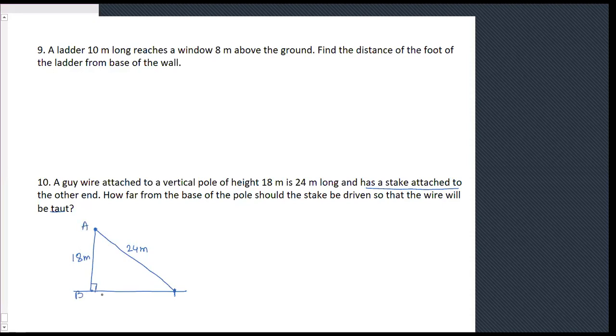AB is a vertical pole. AC is the wire. Find the BC distance.